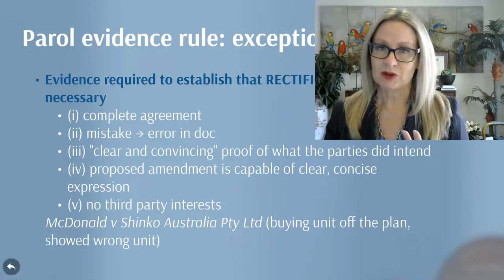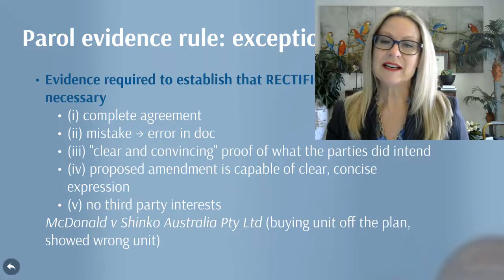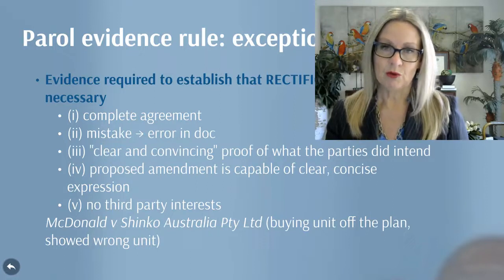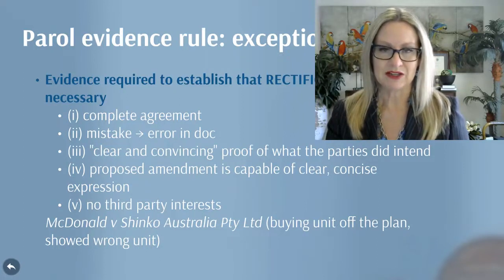So there's been some kind of complete written agreement between the parties. There is this mistake that's very obvious on the face of the document. You need to have clear and convincing proof of what the parties actually did intend, and so here is your extrinsic evidence that comes in: something else out in the context that shows that the document doesn't match up with what the parties intended.